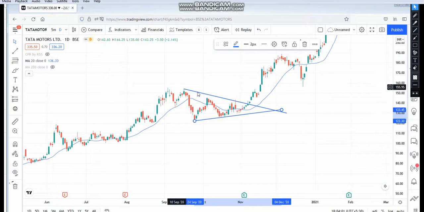Now I have connected all the support lines. This is the support line and this is the resistance line.